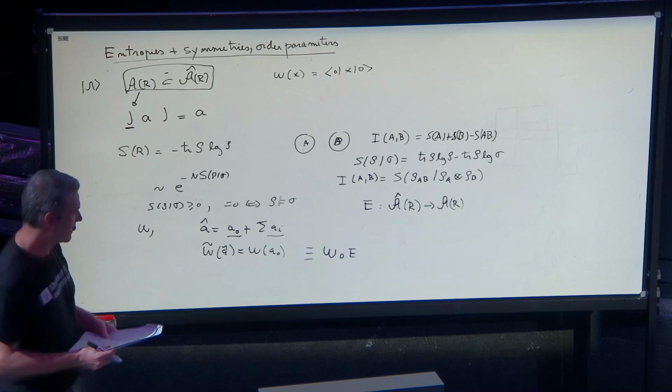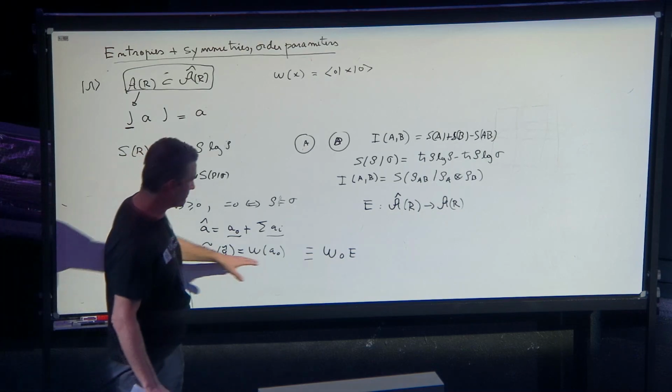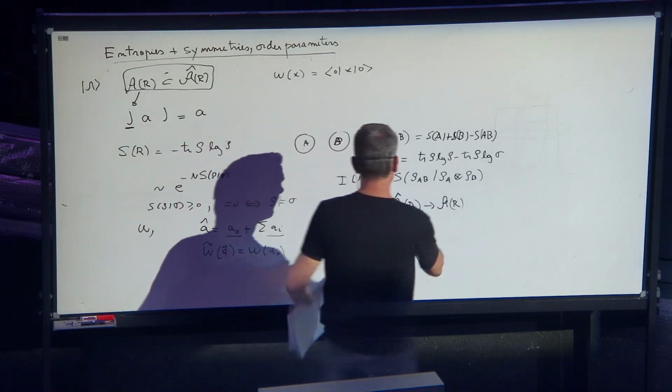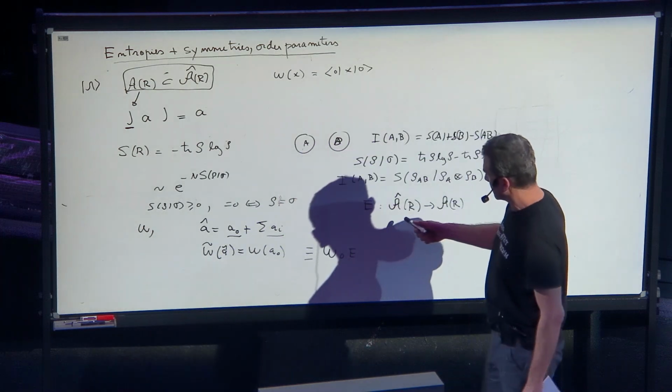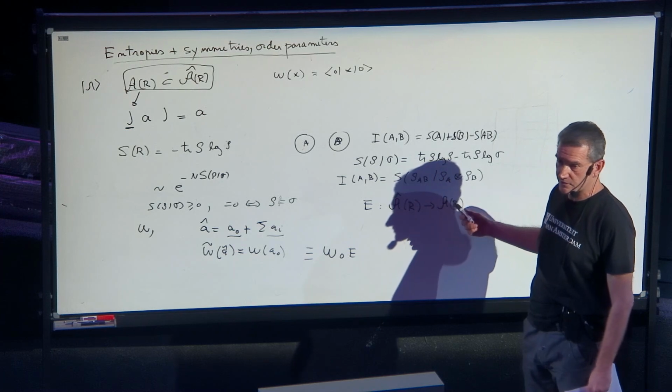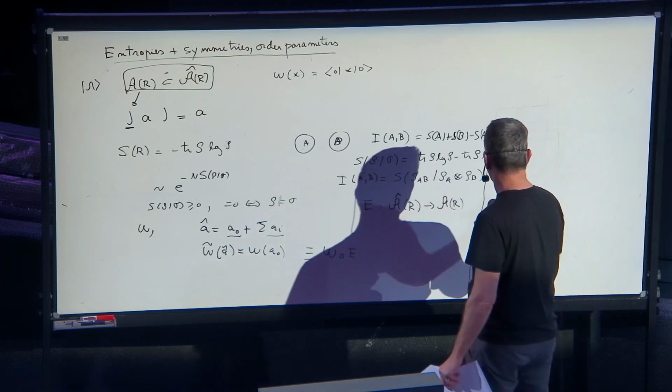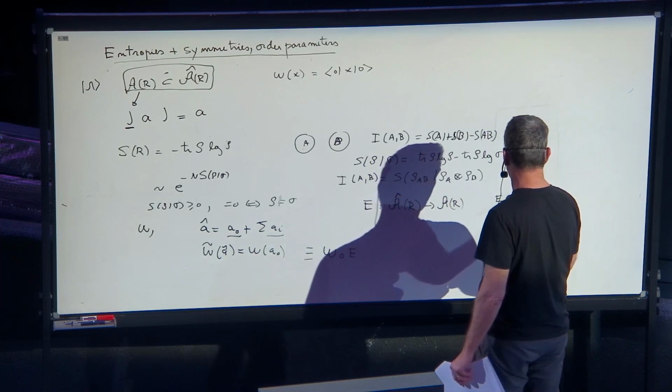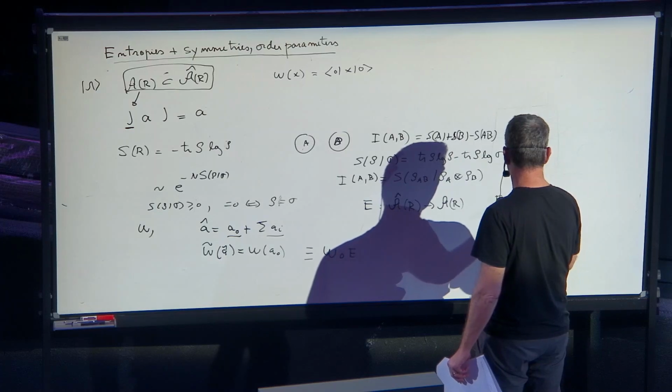Okay. So this is a special kind of channel that maps an algebra to a subalgebra and is the identity in the subalgebra. So it takes the element E applied to the AR is the identity.